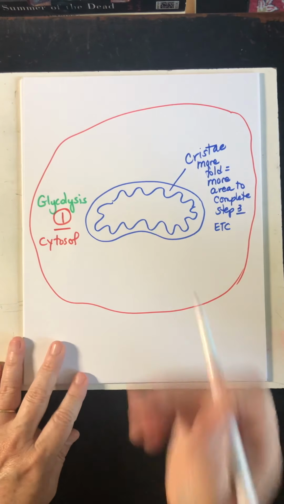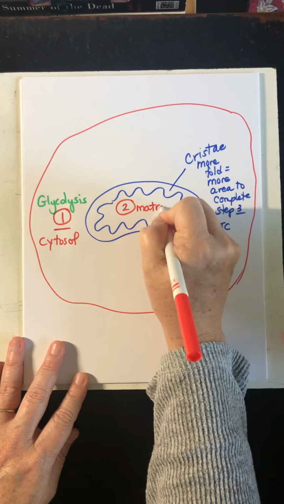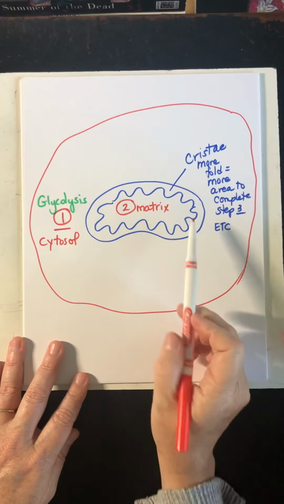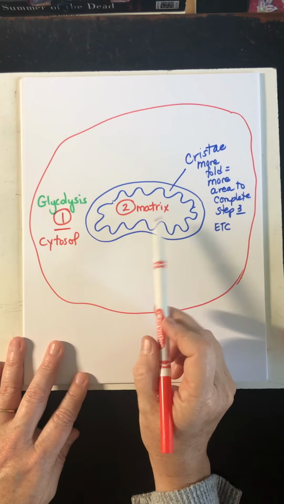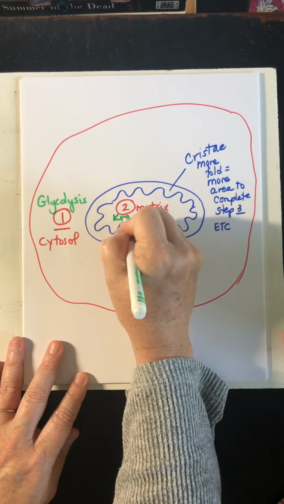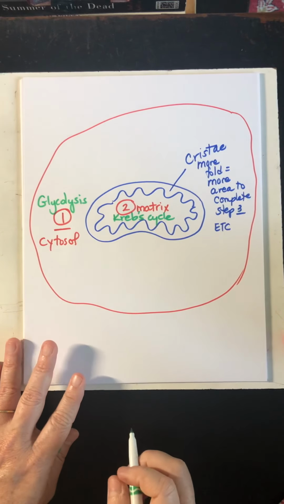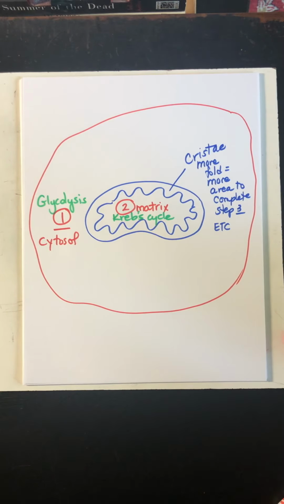Step 2 is going to happen inside the matrix, and that's the inside of the mitochondria. Step 2 is called Krebs cycle.